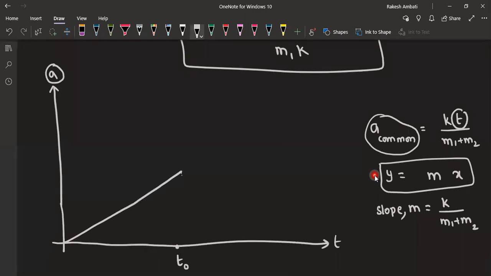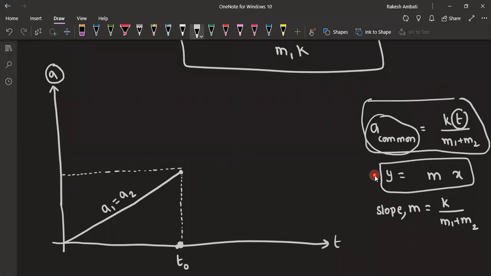So up to t0 time, they have common acceleration, which means a1 equal to a2, correct? But exactly at t equal to t0, what is the value of the common acceleration?